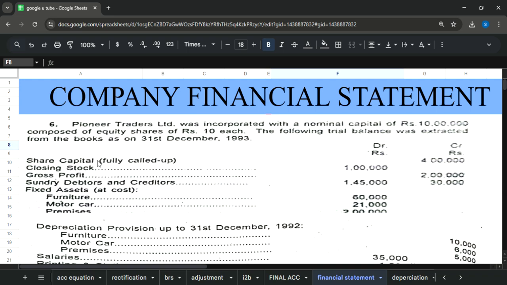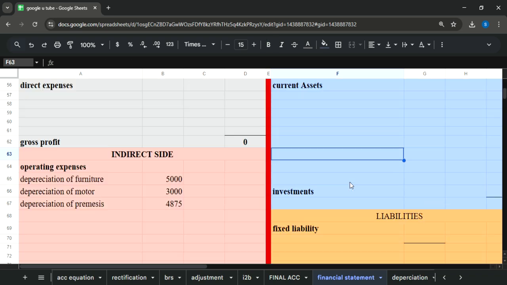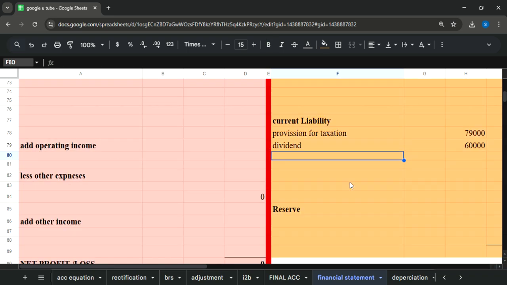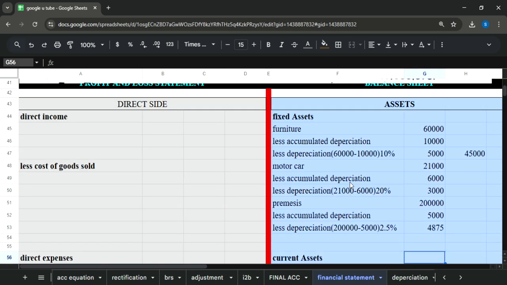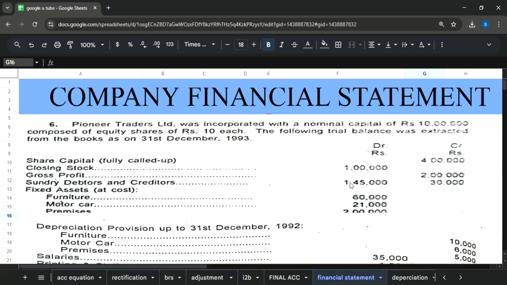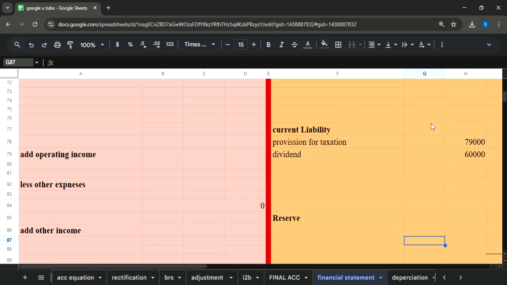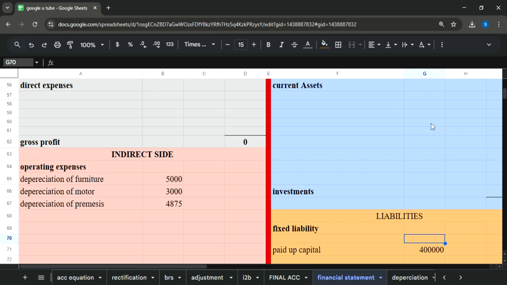So let's begin. Capital is 4 lakh. We'll go to fixed liability. Here we will mention paid up capital and that is 4 lakh. Let's see if authorized capital is given anywhere. Okay, we have been given nominal or authorized capital of 10 lakh. So we have already reserved a place over here.